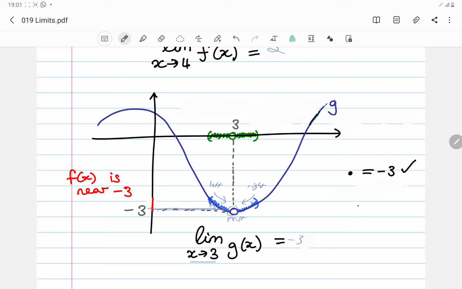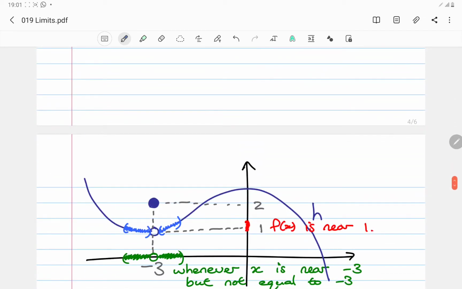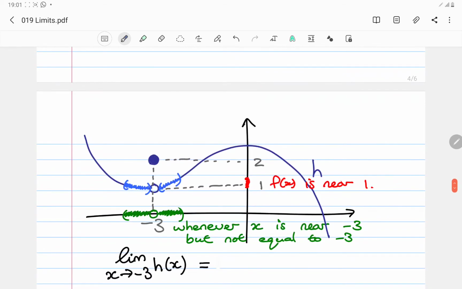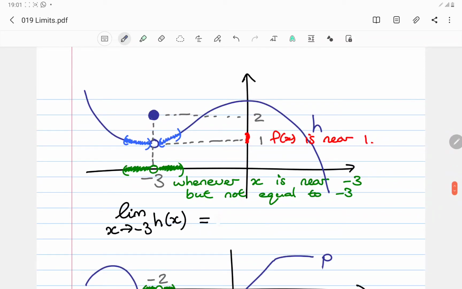Now, what about when you have a discontinuity here, where it's not defined here, shown by an open dot, by an open interval here, and it's defined on top, above. So what can you say about the limit as x approaches minus 3?